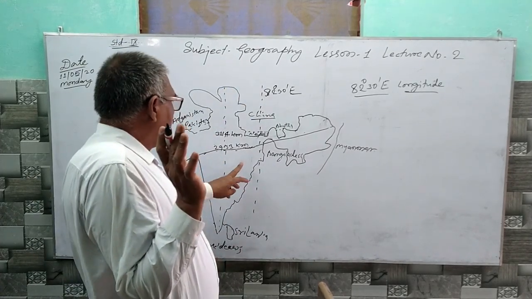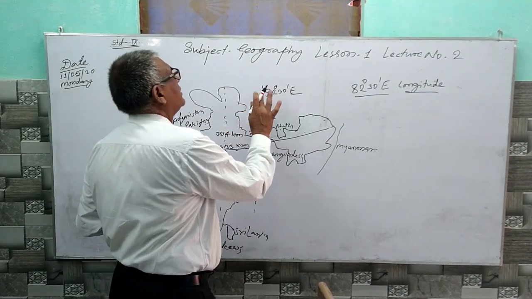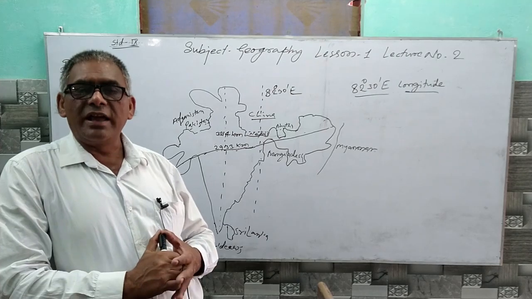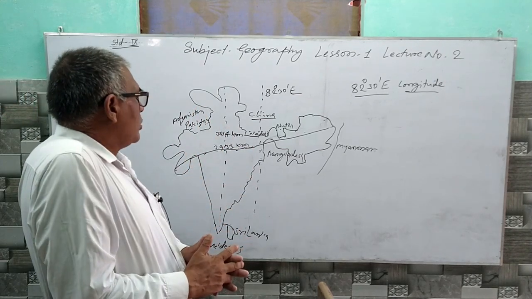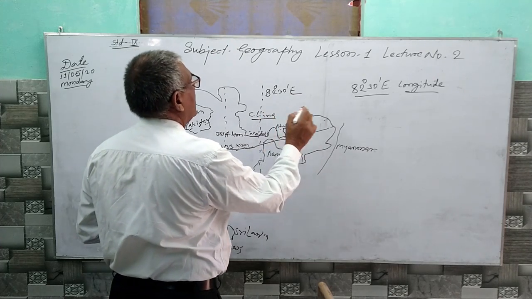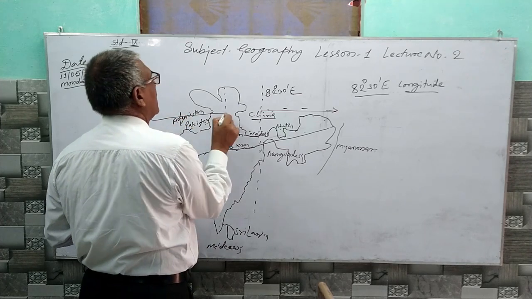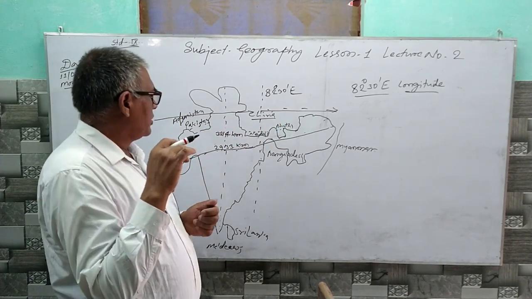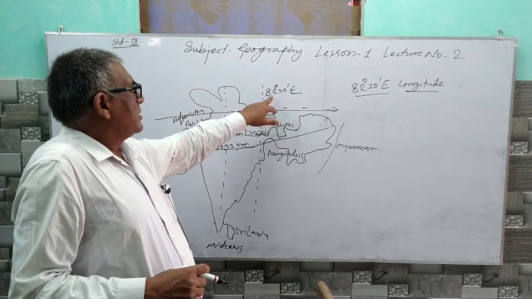It passes through Mirzapur in Uttar Pradesh, and this is about the middle longitude of the country. 82 degree 30 minute east is considered the standard meridian, and its local time is considered the standard time for the whole country. The parts to the east of this longitude and the parts to the west of this longitude follow the time of this standard longitude.